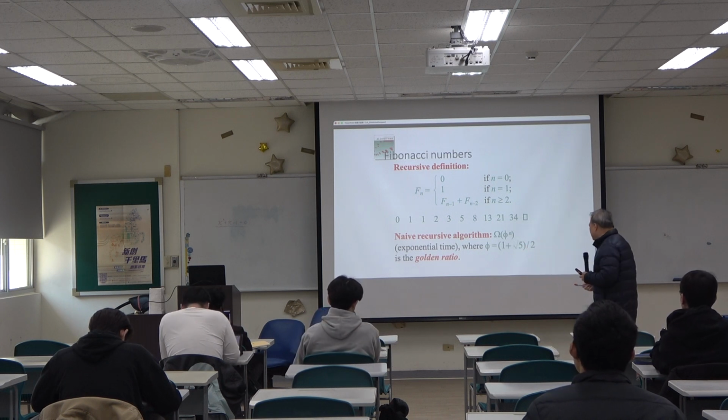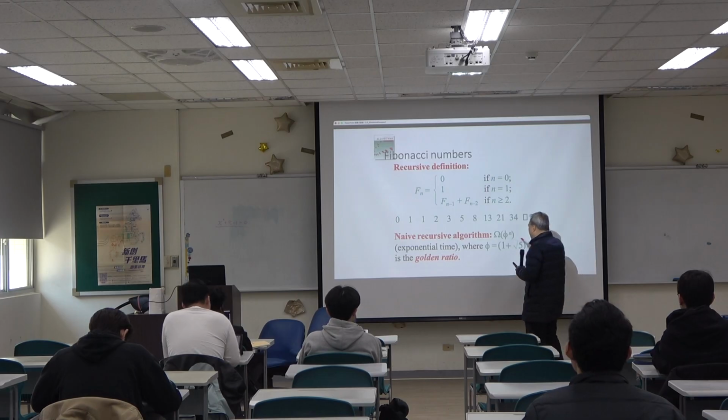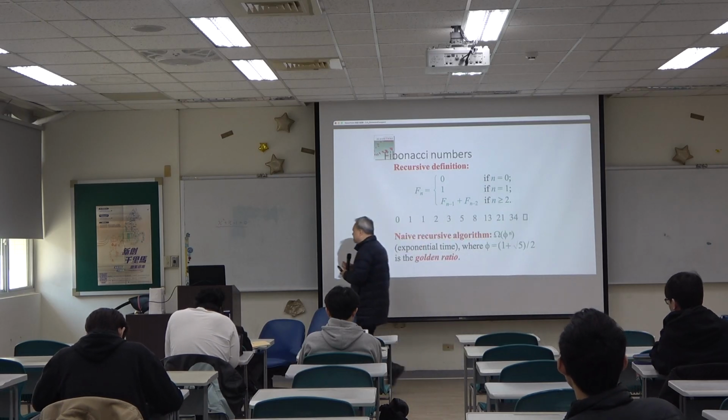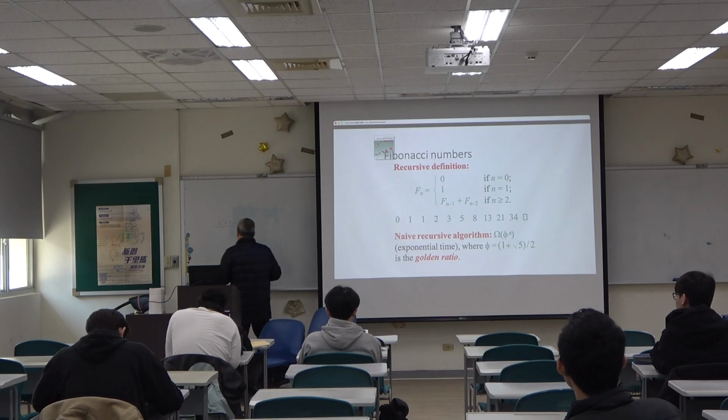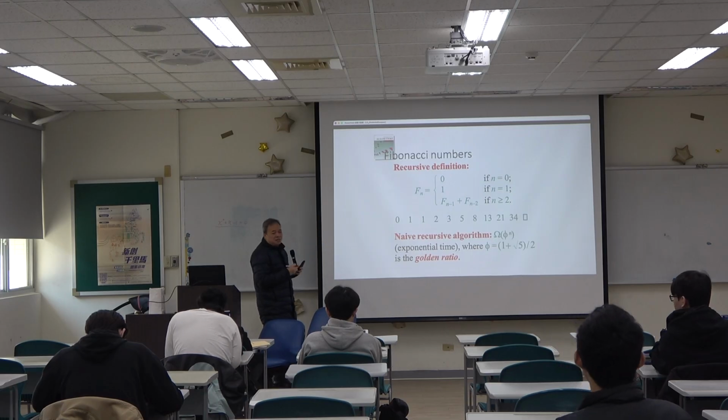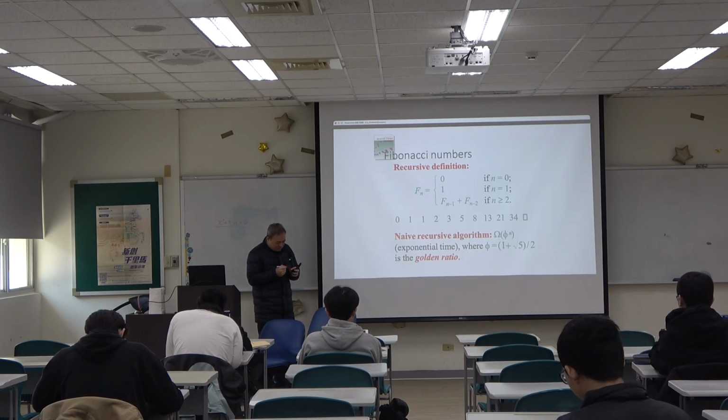But the other root will be exactly this one, theta, and it's going to be theta to the power of n. You can use this one to represent your F(n).